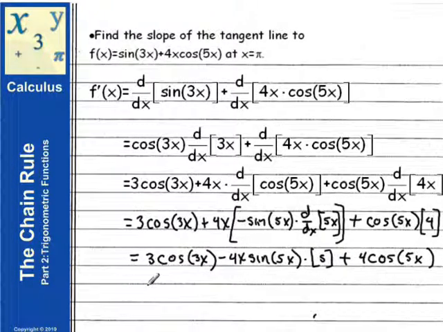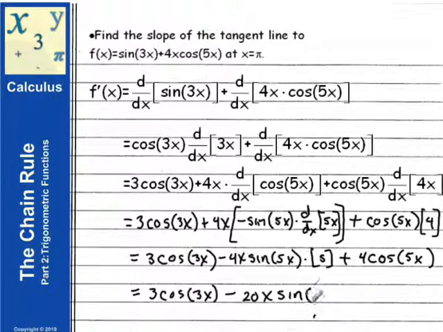And so we see that we have 3 times the cosine of 3x minus 20x times the sine of 5x, and finally plus 4 times the cosine of 5x. Let's clean that up a little bit.